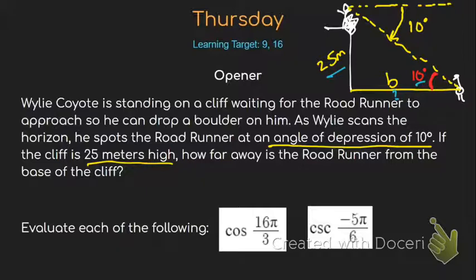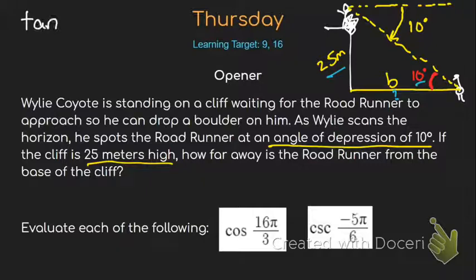What's the connection? What do you see? I see that this is the opposite side, and this is the adjacent side, so it really looks to me like a tangent ratio, which means I can set up my tangent ratio. So I'm going to set that up physically. I'm not going to do it in my head. I cannot stress this enough.